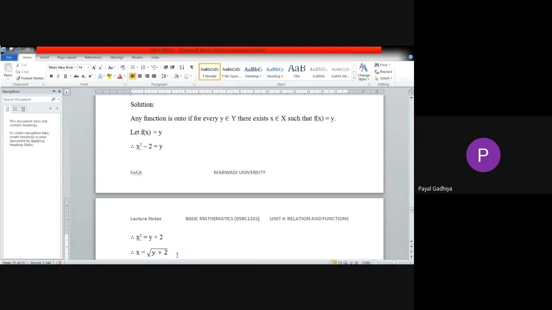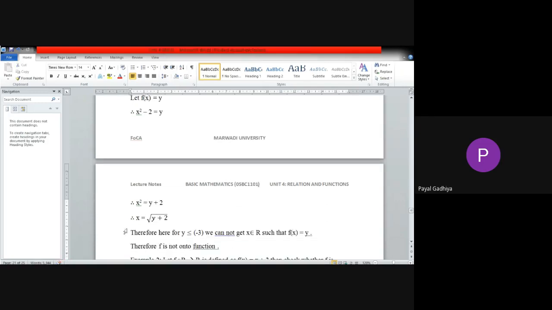That means for y equals minus 3, x does not exist. So this function is not onto, because to be onto, for every y, x should exist. Therefore here for y less than or equal to minus 3, we cannot get x belongs to R such that f(x) equals y. Therefore f is not onto.